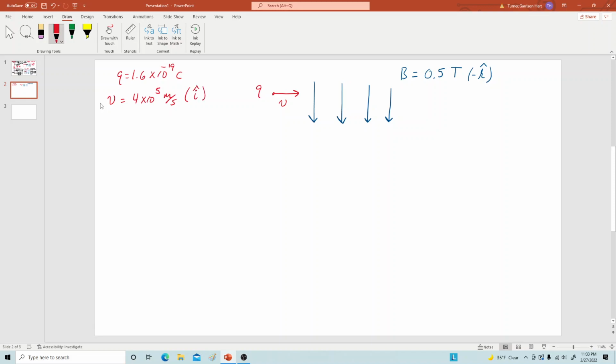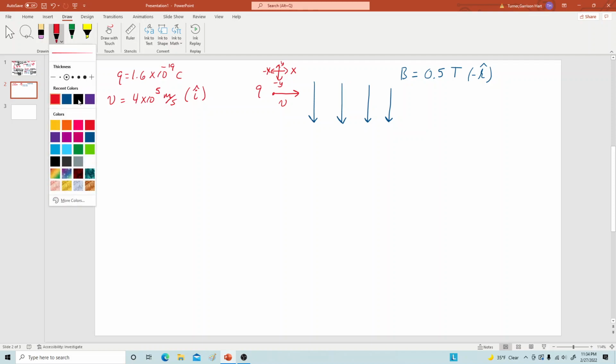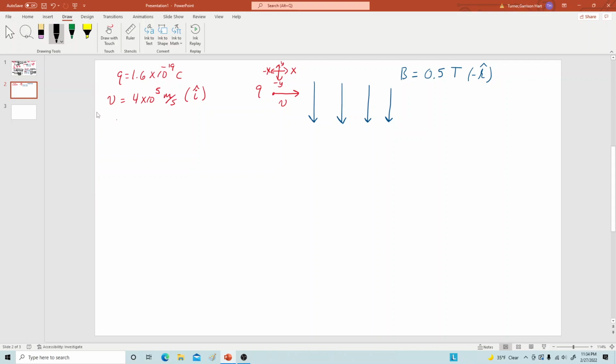So formally, what we're doing is giving a coordinate system just like we had just now. Okay, so there's our coordinate system. And what I want to work out is the value of the force on this particle and its direction using both forms that we have.